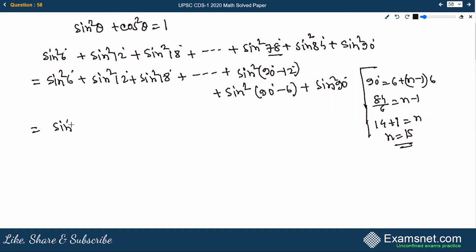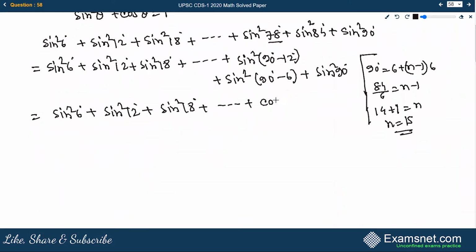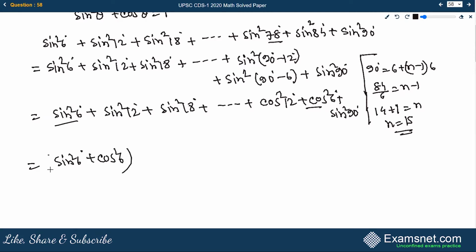Now sine square 6 degree, sine square 12 degree, sine square 18 degree, and plus dot dot dot. Now sine of 90 degree minus theta gives us cos theta. So it'll become cos square 12 degree plus cos square 6 degree, and the last one is sine square 90 degree. So we can take the pair sine square 6 degree plus cos square 6 degree. Next sine square 12 degree plus cos square 12 degree.